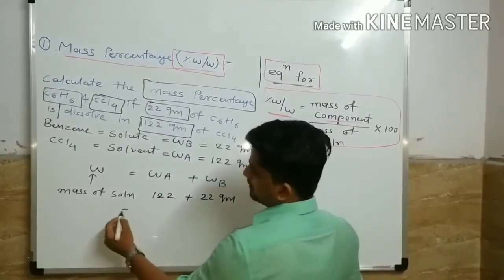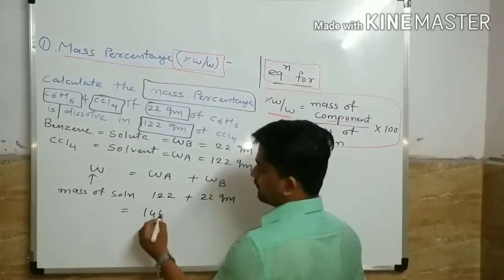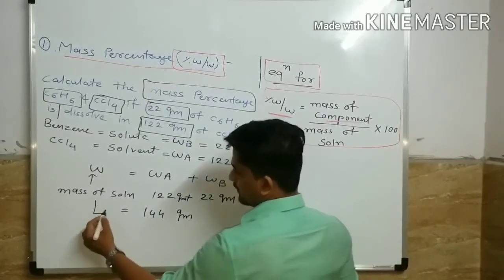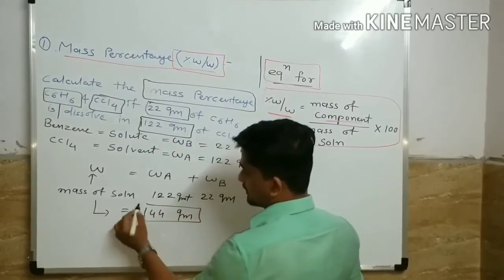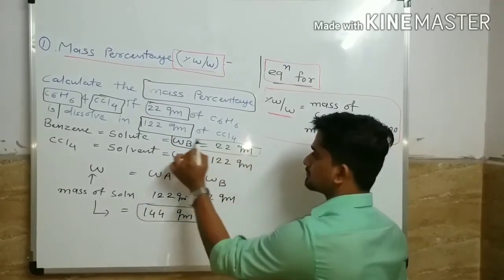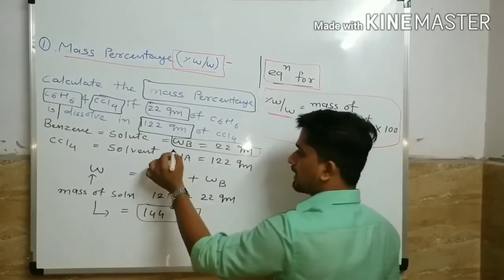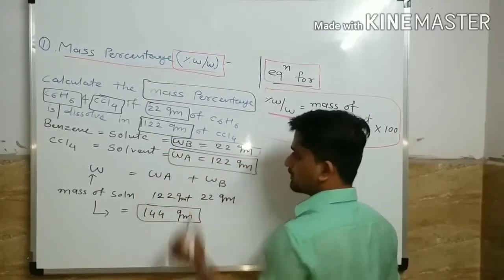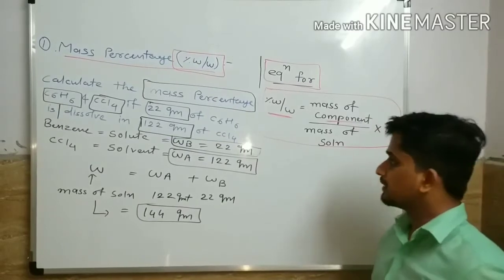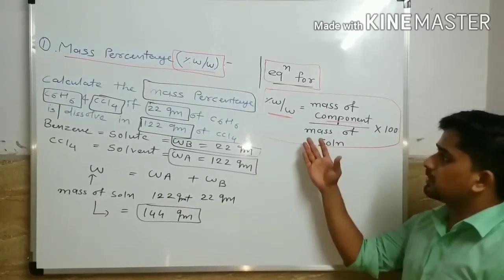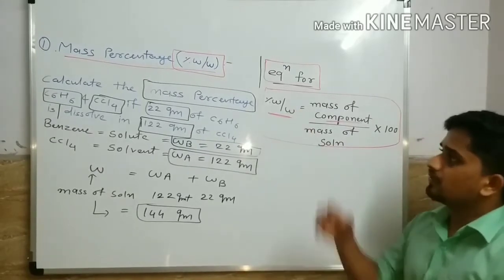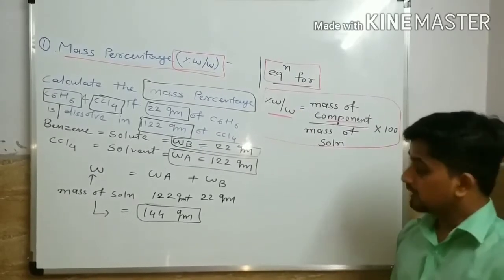So here mass of the solution is 144 gram. So you have the mass of the solution, and also the mass of the solute and the mass of the solvent. So all the values are given. You just have to put these values in this equation and get the value of percentage W by W.